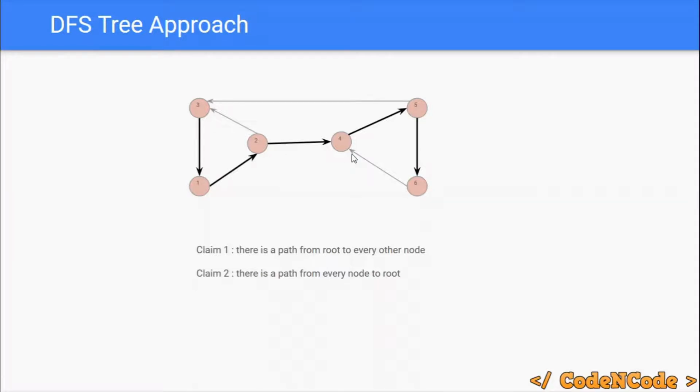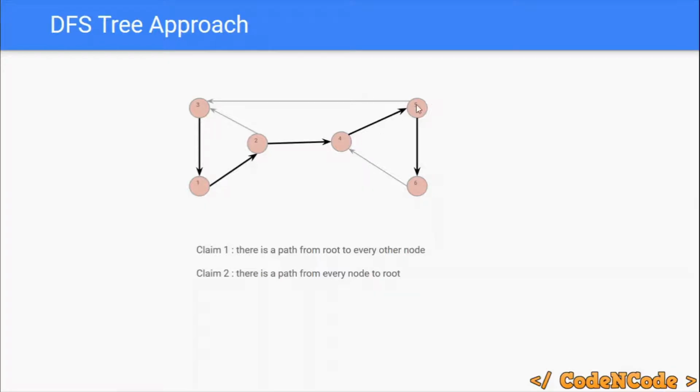To understand this, suppose you are on some arbitrary node, then take the DFS subtree of that node. For node 4, the subtree is 4, 5 and 6 in the DFS tree. This is the complete DFS tree, and for node 4 this is its subtree. So for any particular node, in the subtree of that node there must be a node having a back edge.